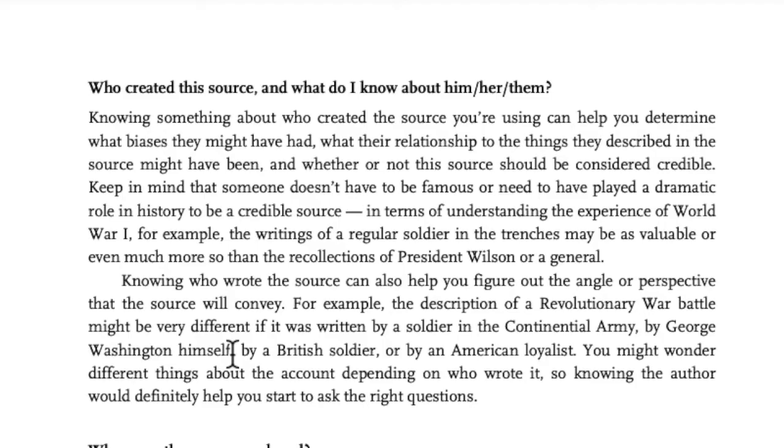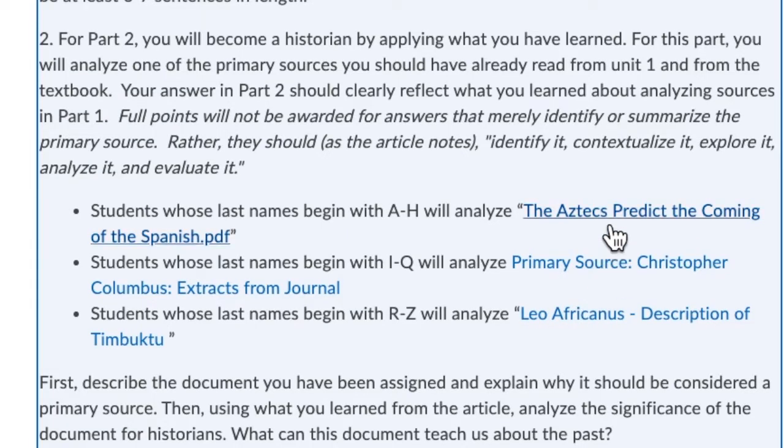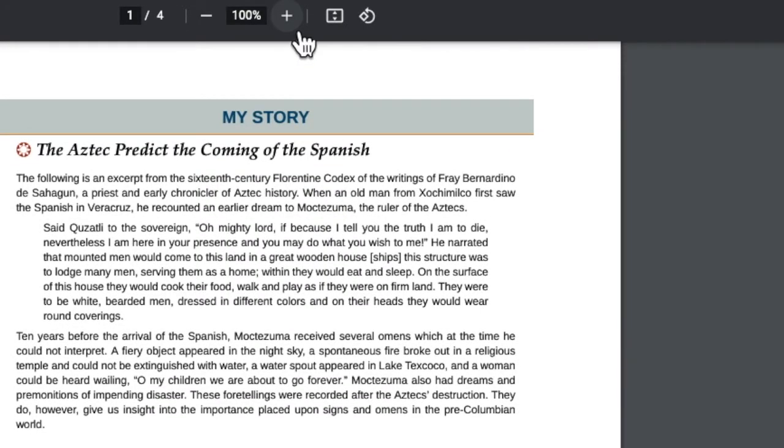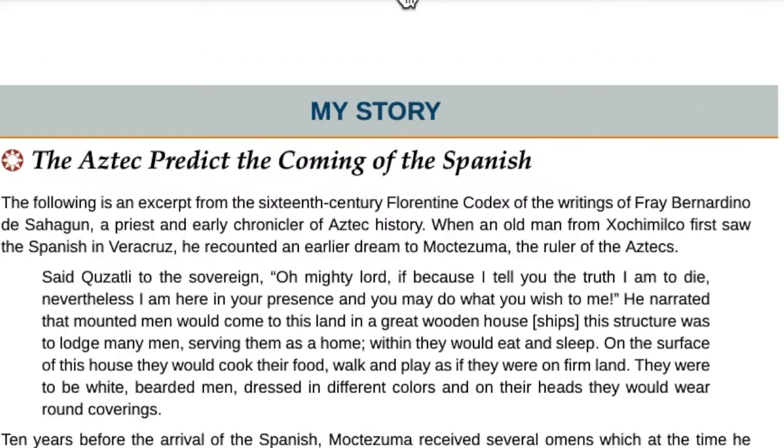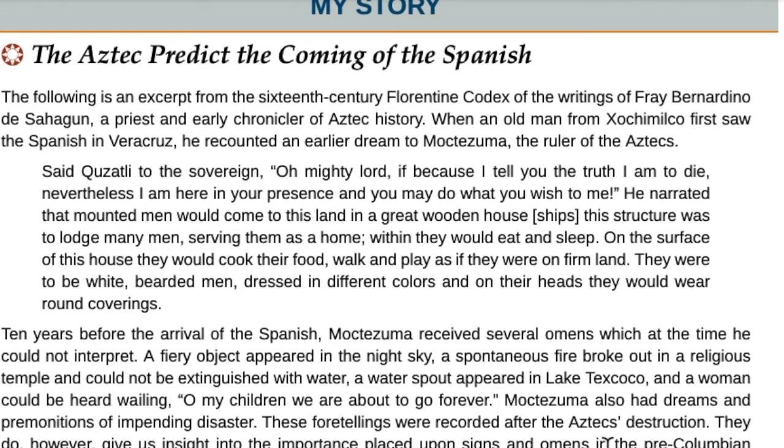Let's go back to it. Here it is again. And let's enlarge it a little bit so we can read it better. Okay, so this says it's an excerpt from a 16th century Florentine codex of the writings of Fray Bernardino de Sahagun, a priest and early chronicler of Aztec history.